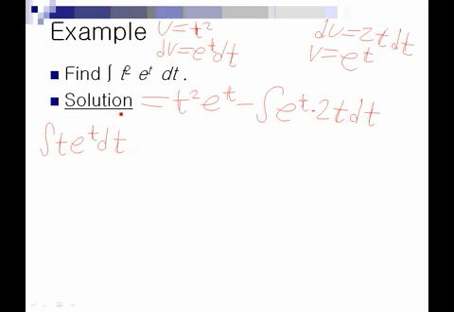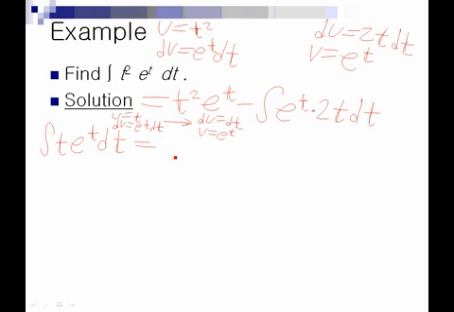In this case, again, we'd like u to be t and dv to be e to the t dt. Our corresponding du will be dt, and our corresponding v in simplest form is again e to the t.